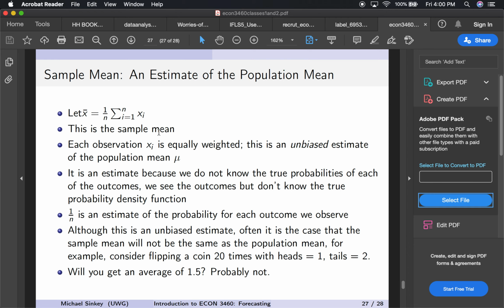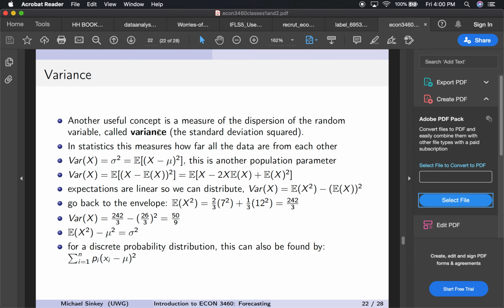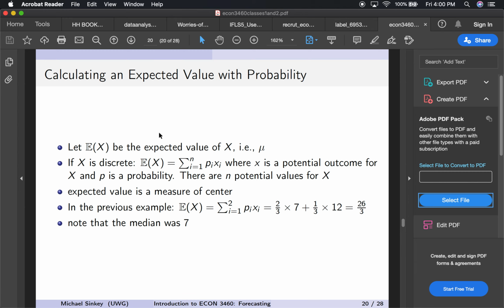So I collected some data. These are realizations of a random variable. And how I calculate an expected value is I take p_i, and I use 1 over n as my estimate for p_i. So I use 1 over n here as my estimate for this probability.